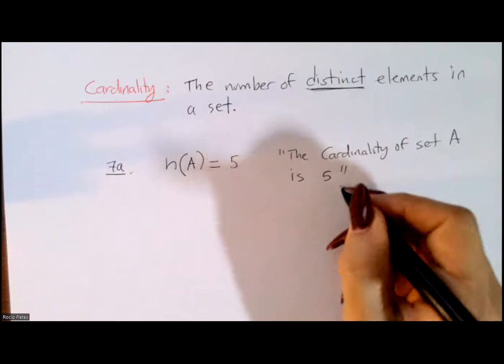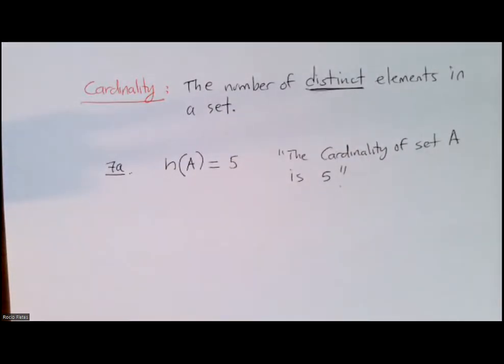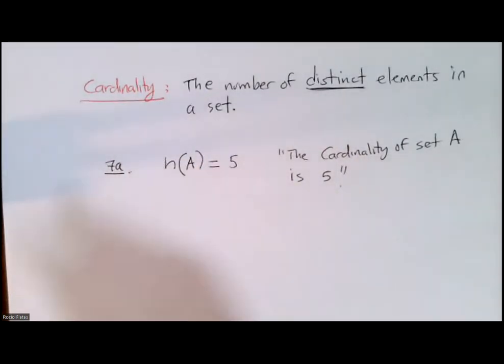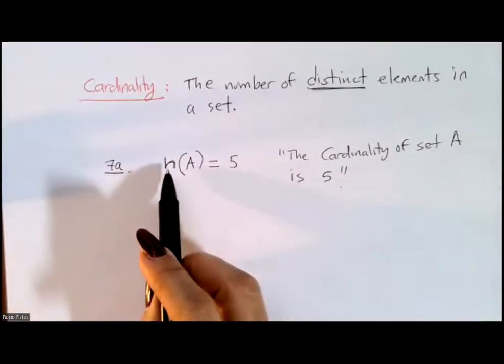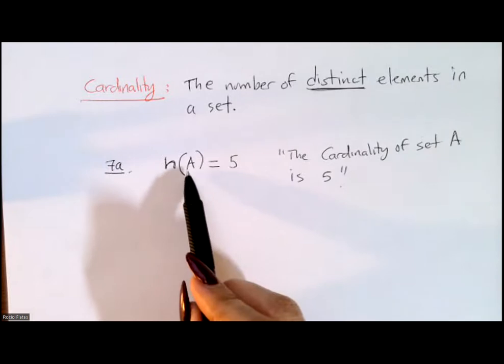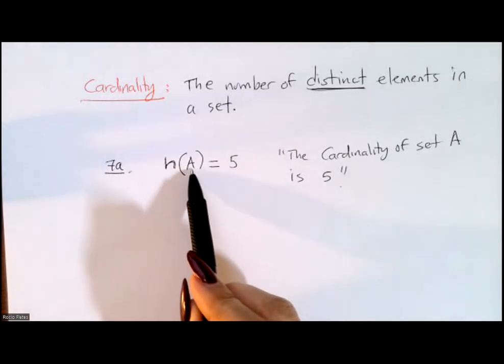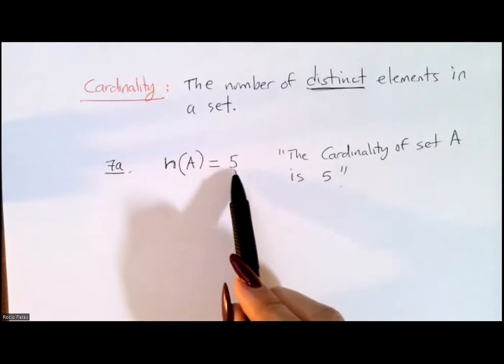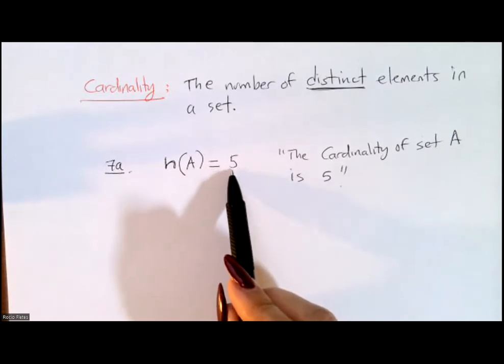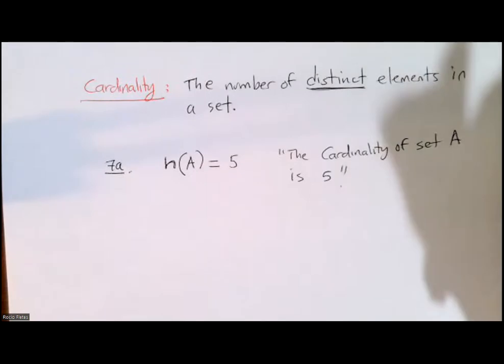That is what it means. The cardinality of set A is 5 or equals 5. So remember the letter N is for number of distinct elements. And then in parentheses, you write the letter representing the set, and then equals the number of distinct elements in a set. That is the cardinality of a set.